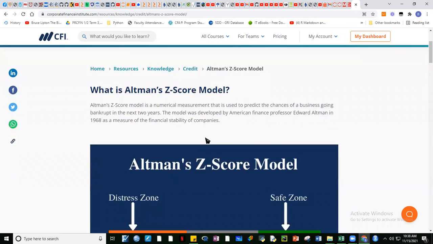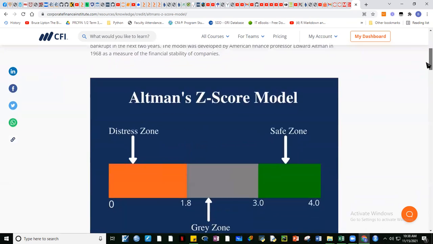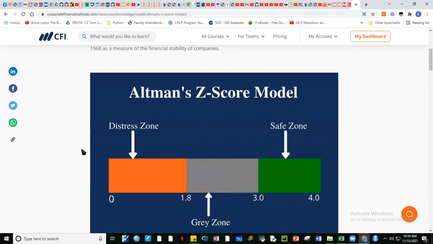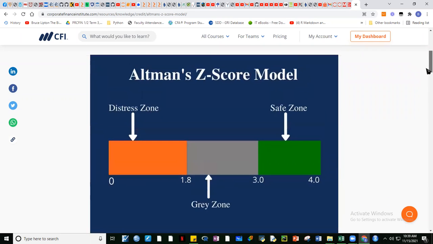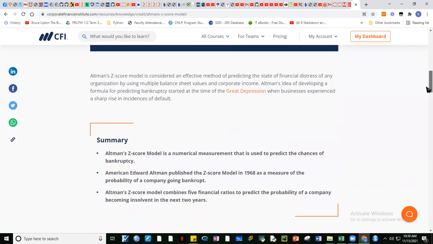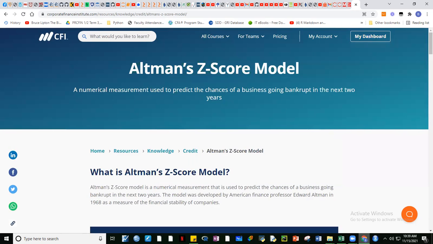Okay, as a measure of financial stability of the companies. And it has been proven true in many instances na a company became bankrupt. As measured nila yung Altman Z, indeed, the Altman Z-score was less than 1.8. Okay. All right.